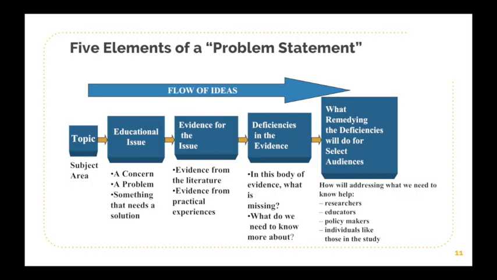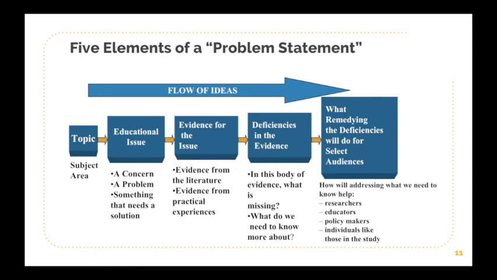Next, the five elements of a problem statement. The topic is a subject. It must be confined: a subject area, an education issue, and a concern or problem. Evidence from the literature. Evidence from the particular setting, and the deficiencies in the evidence.